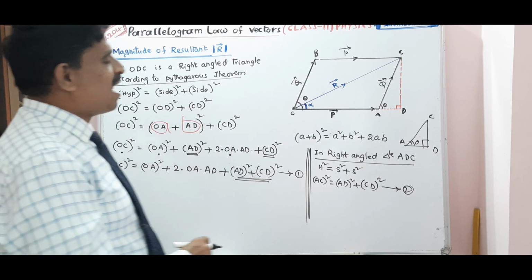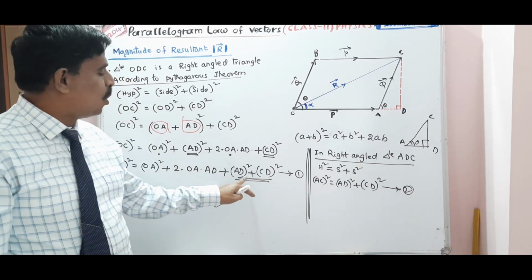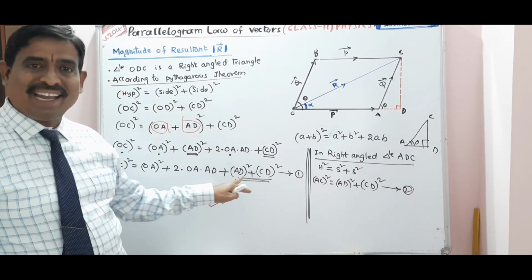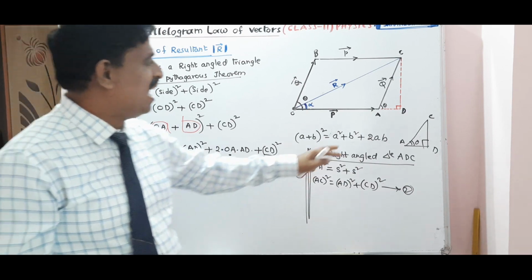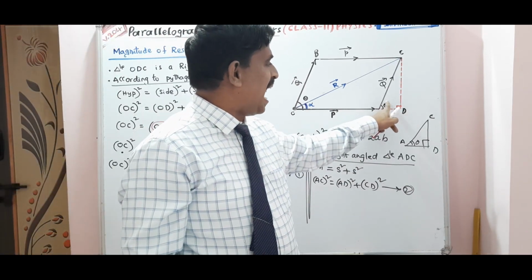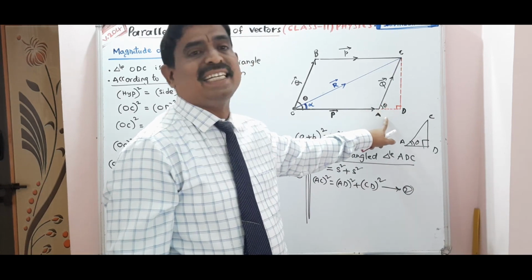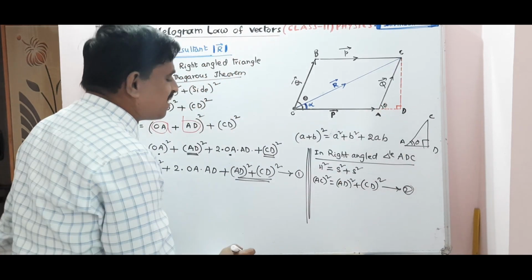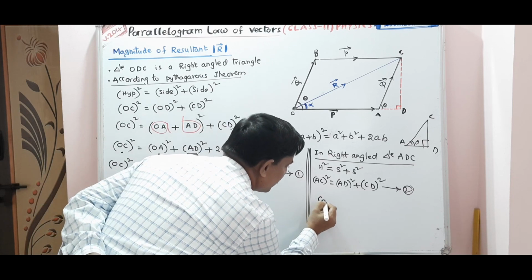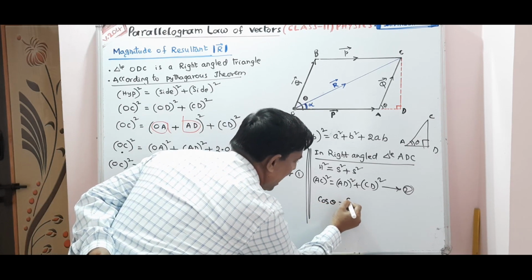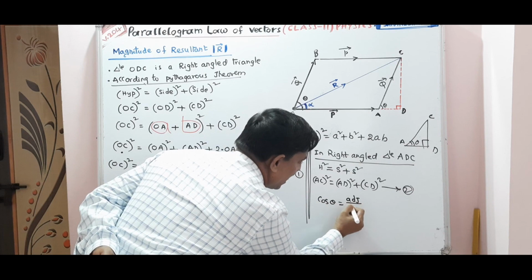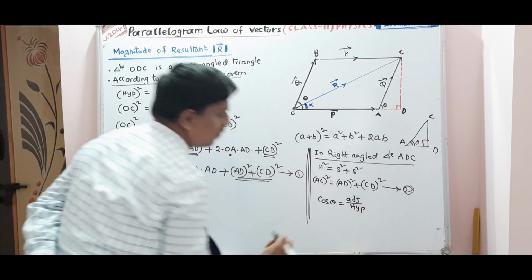Now in this triangle, we don't know AD. For this angle, take cos theta. Cos theta formula is adjacent side by hypotenuse.